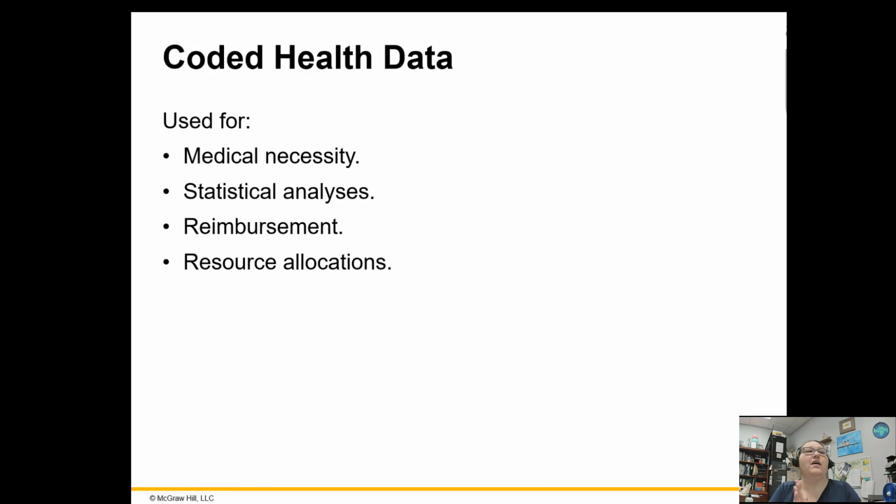Coded health data is used for medical necessity. So we need diagnosis codes to prove why we're doing a procedure, right? Statistical analyses, reimbursement, and resource allocation. So, for instance, say we put on a cast, and there's a lot of different steps and tools used for that.